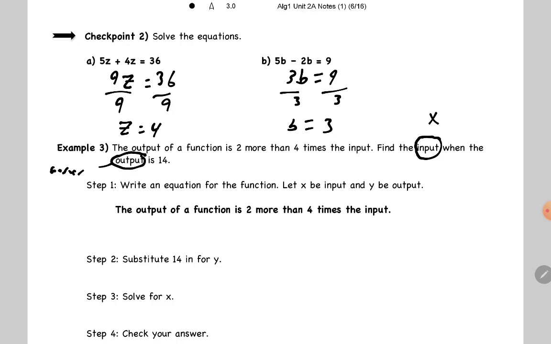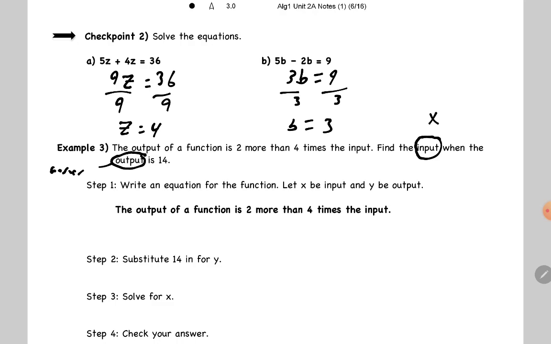So reading this again, the output of a function. They're just looking at the first sentence, not the second. The output of a function is 2 more than 4 times the input.